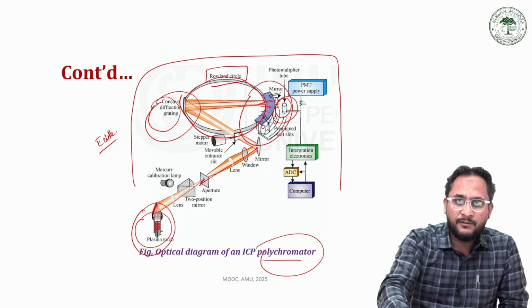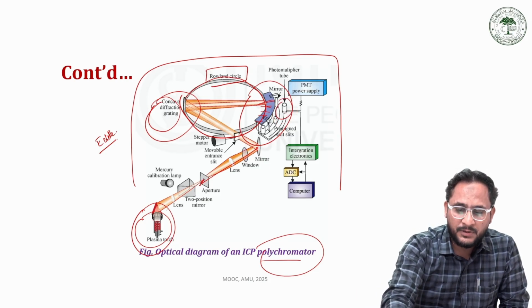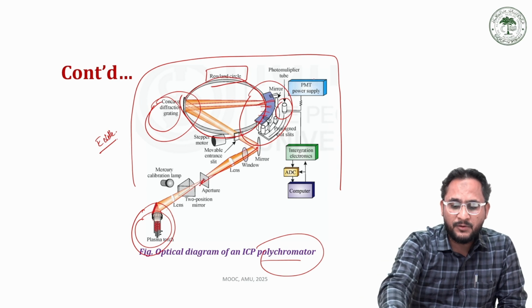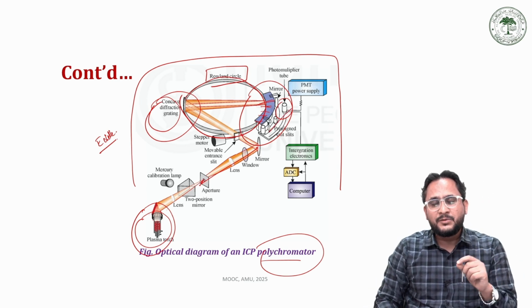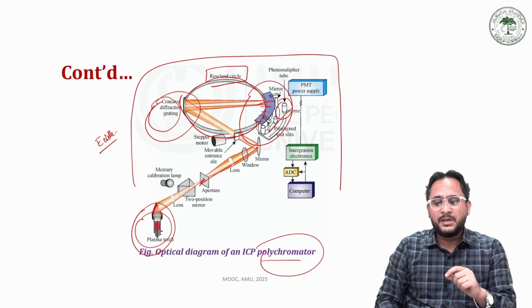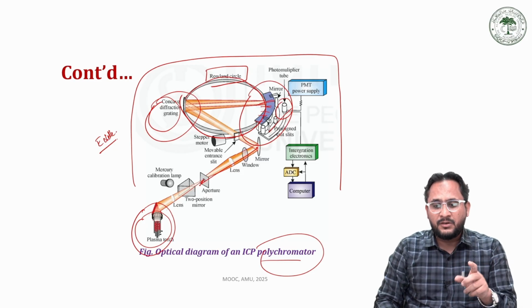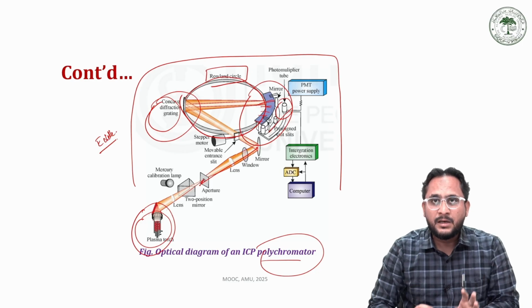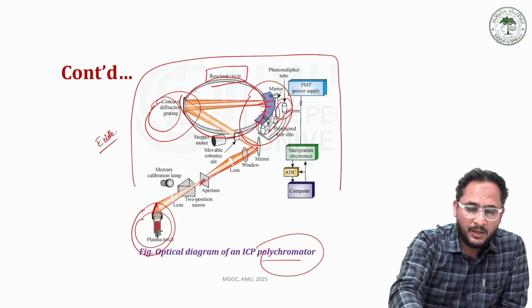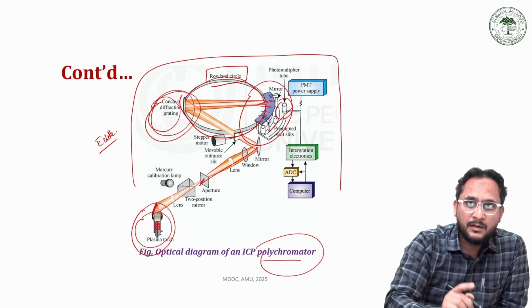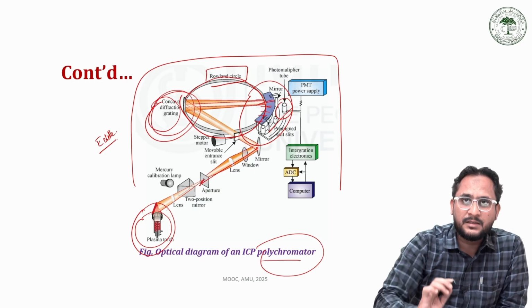And finally we have these photomultiplier tubes which can be moved up and down. We have multiple photomultiplier tubes here, and they capture those radiations coming from the multiple exit slits and convert them into electrical signals. So in this way a polychromator works. Basically a polychromator means we have multiple monochromators, and this works when we have a grating and multiple exit slits.